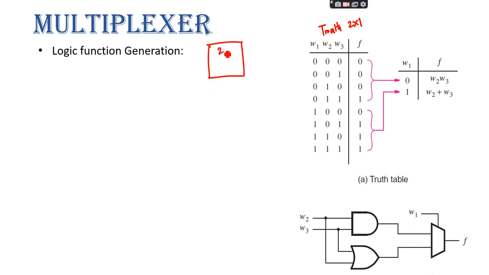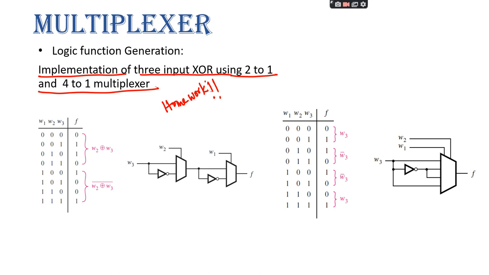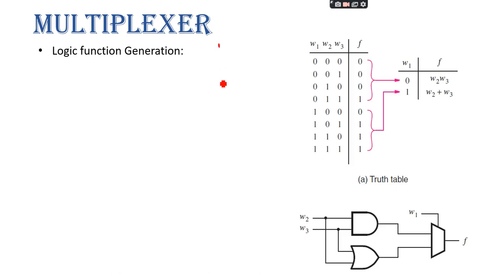So for a 2 into 1 multiplexer, the inputs should be I0 and I1, right?